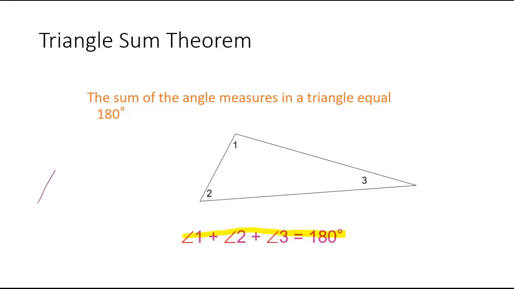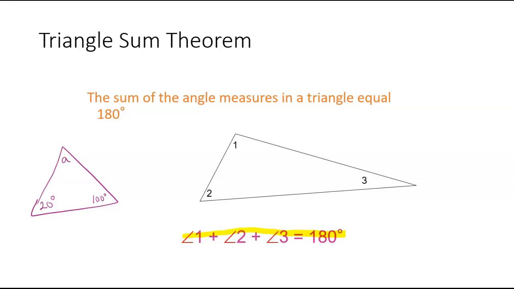Well, if I just draw any old triangle, and I give you one measurement, say this is 20 degrees here, and I give you a second measurement that this is, say, 100 degrees here, how can I figure out what this angle is?